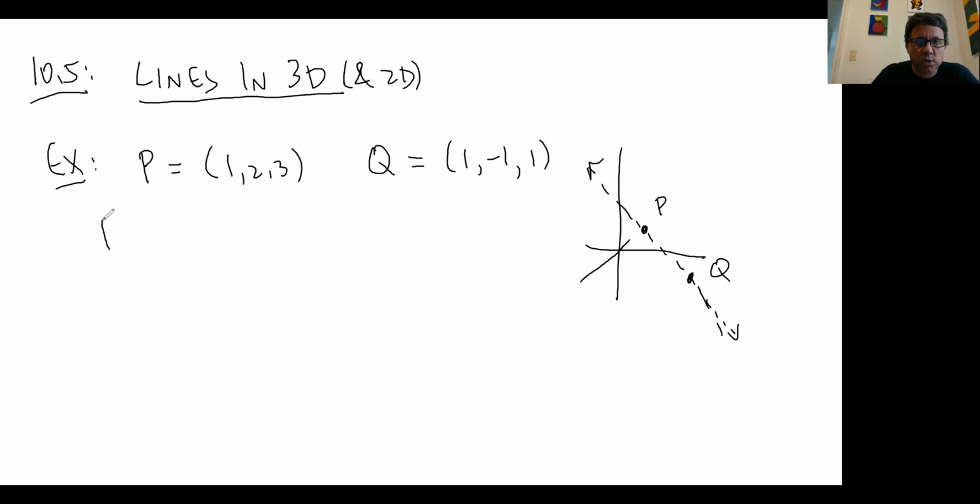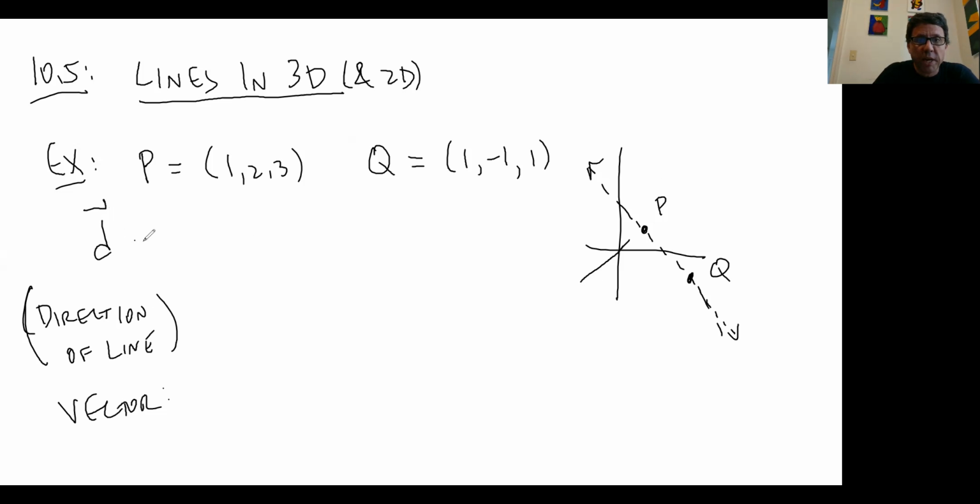They say it's D, the direction of the line. And it is a vector. So it basically tells me the run, the rise, and the out. Whatever the third one is called.